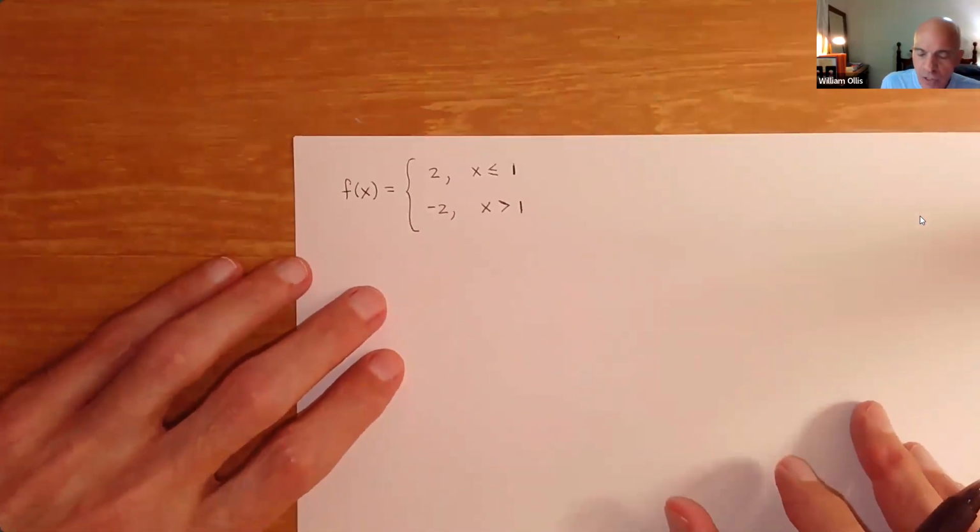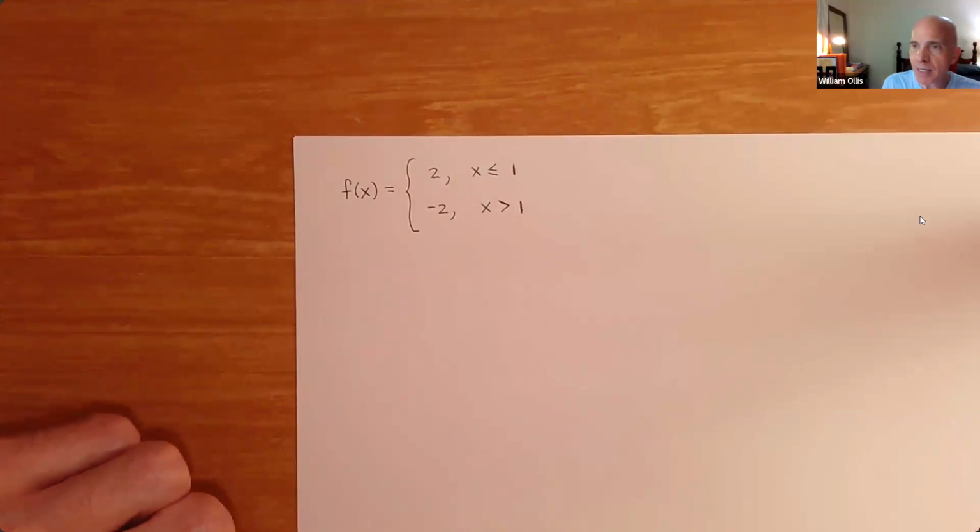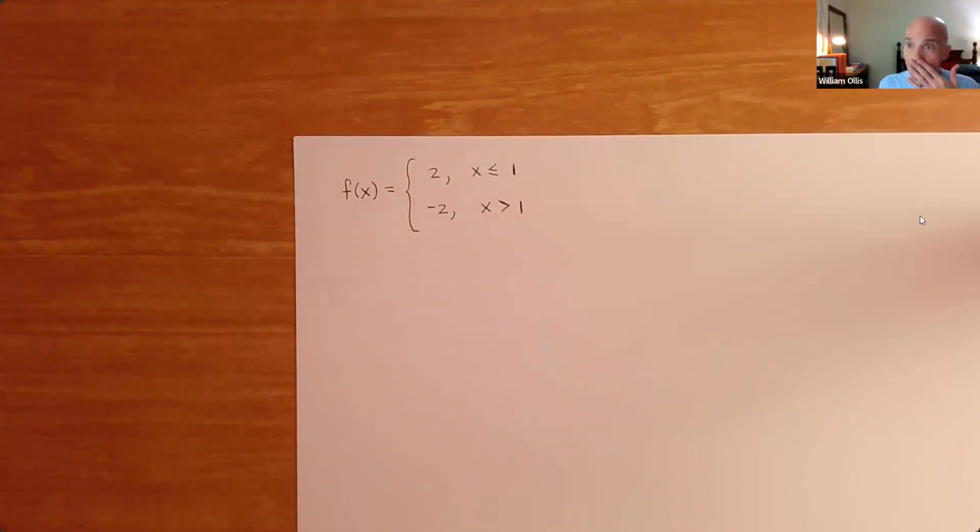Okay, so the key here is that we have to do an epsilon-delta argument, right? So we're thinking if we approach 1 from either side, if you throw out an epsilon, I should be able to give you a delta that'll make sure that if x is within delta of 1, f of x would be within epsilon of what? 2 and then -2.